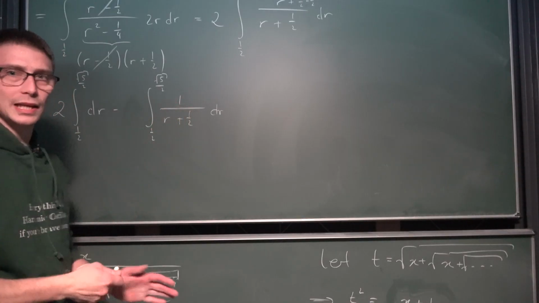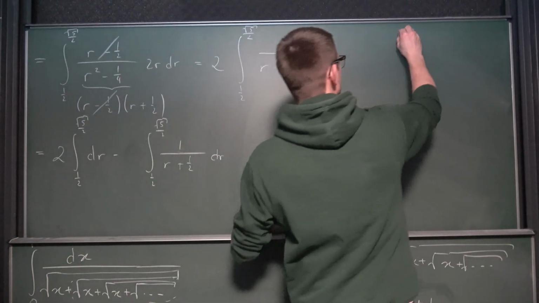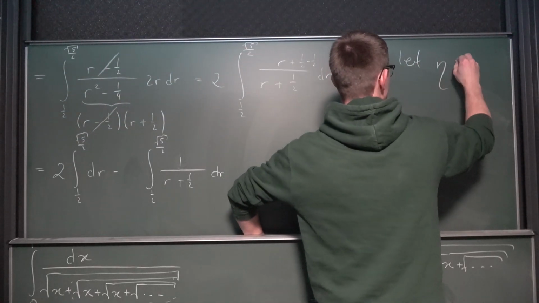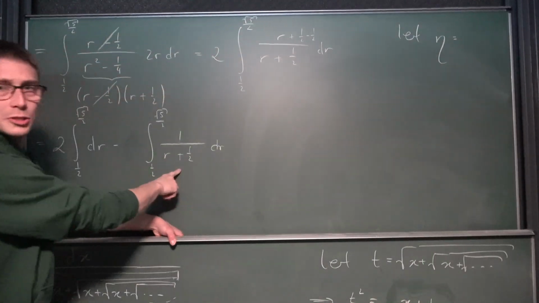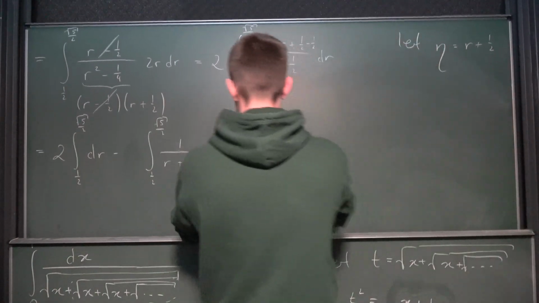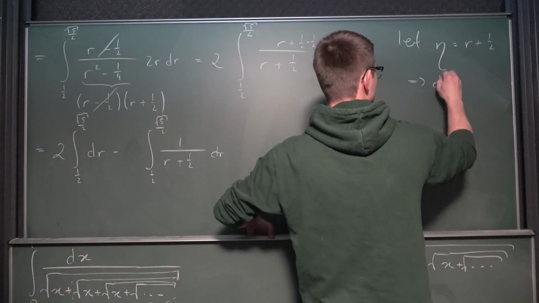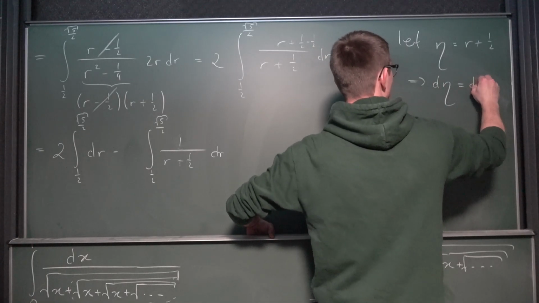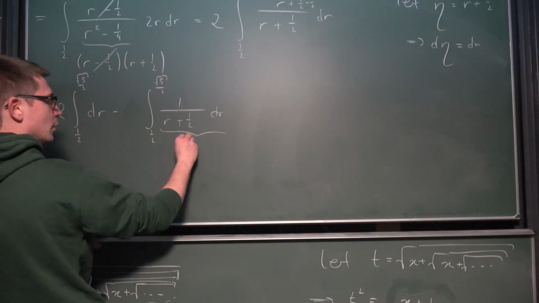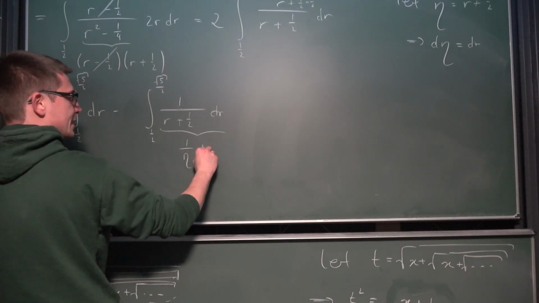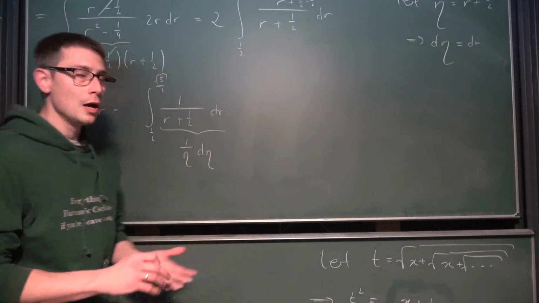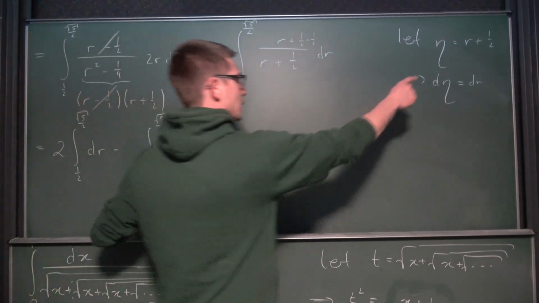And by introducing a last substitution, I'm going to use eta, it really doesn't matter, let eta be equal to r plus 1/2. Then by implicitly differentiating, we get that d eta is equal to dr. We end up with the integral of 1 over eta d eta, which is just the natural logarithm of eta, where eta is r plus 1/2.